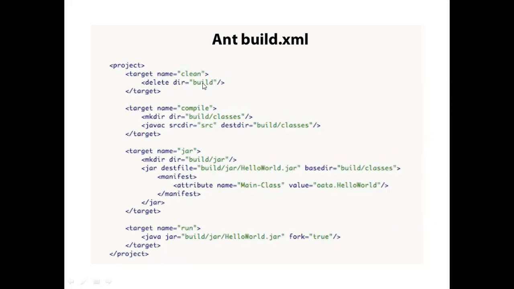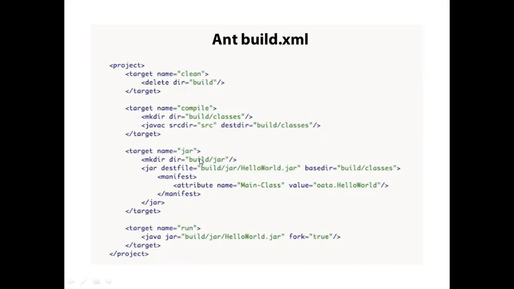But I'll still go through that folder structure just to give you an idea. The build directory will be deleted, which is where the components will be built. Then it creates a folder called classes here, and all the Java files from the source directory will be moved into this classes section under build.